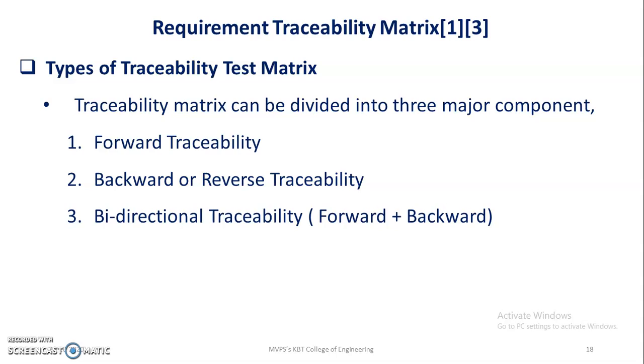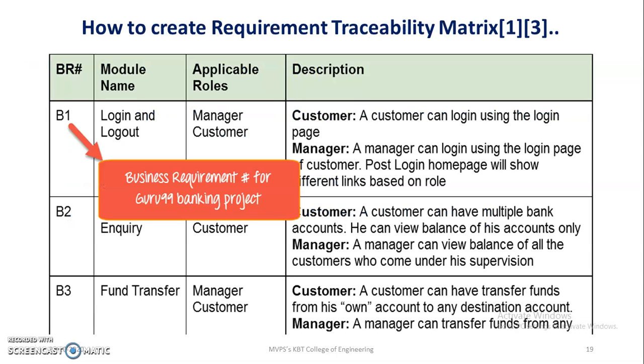This matrix is used to check whether the project progresses in the desired direction and for the right product. I again repeat, the forward traceability matrix is used to check whether the project progresses in the desired direction and for the right product.